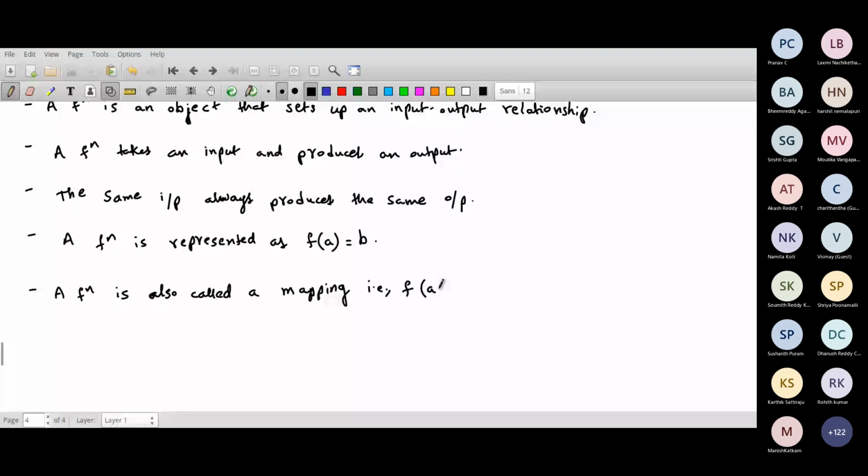That is, f of a equal to b. If f of a equal to b, then it means f maps a to b.